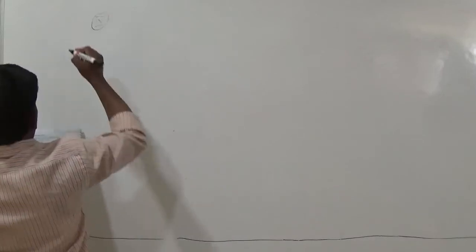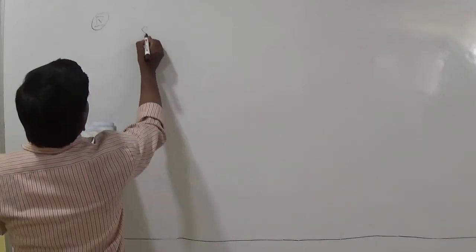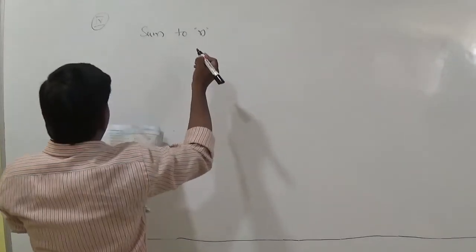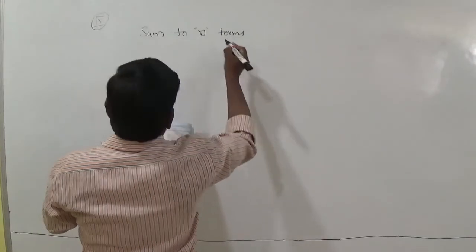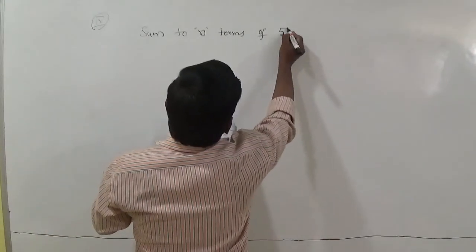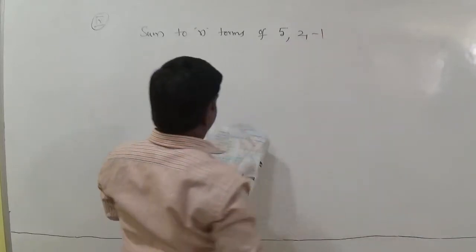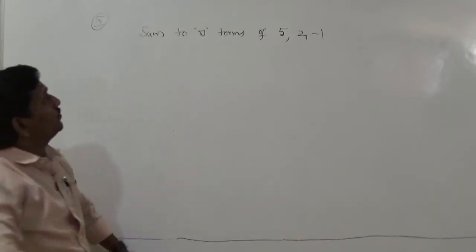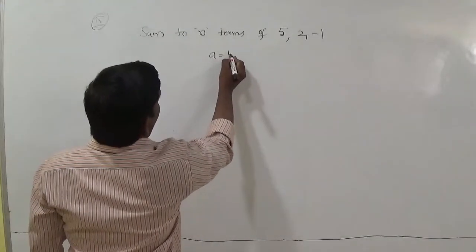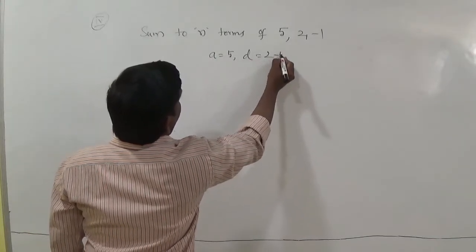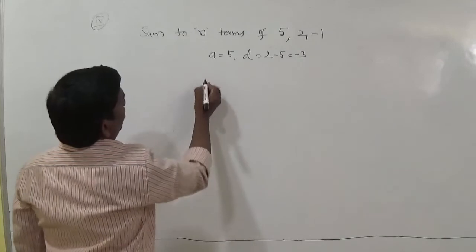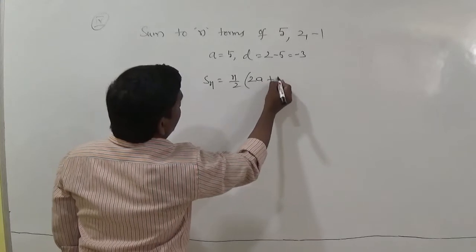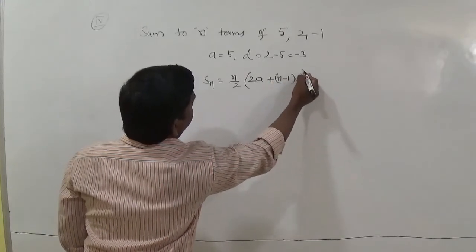In comprehension type, the eighth one: the sum of n terms of 5, 2, minus 1. Here a equal to 5, d equal to 2 minus 5 equal to minus 3, and formula Sn equal to n by 2 into 2a plus n minus 1 into d.